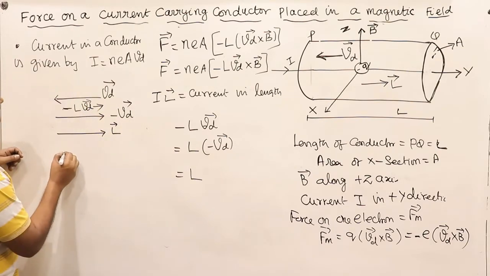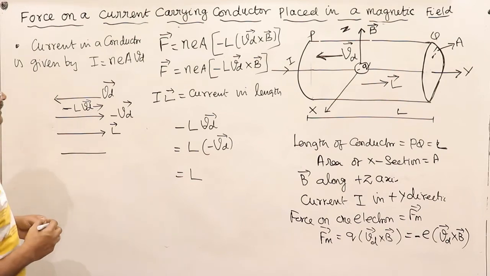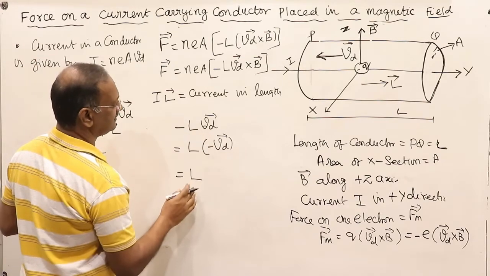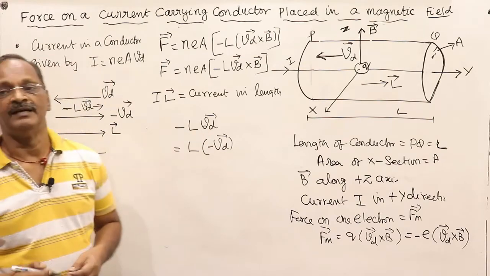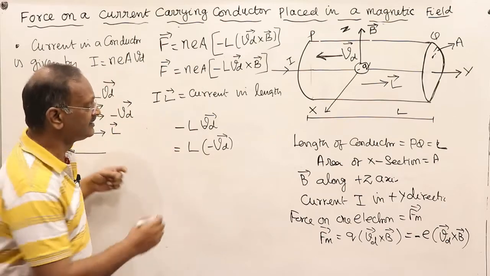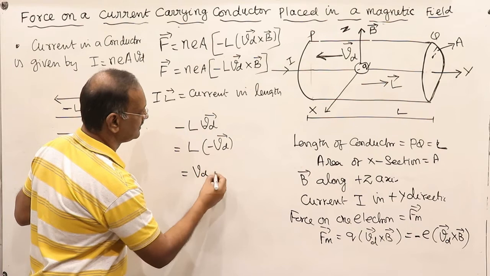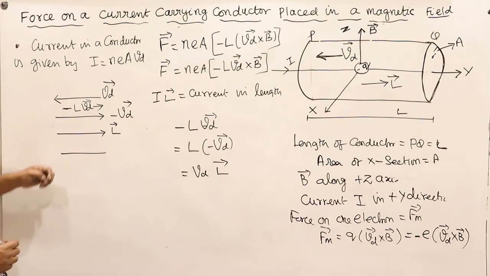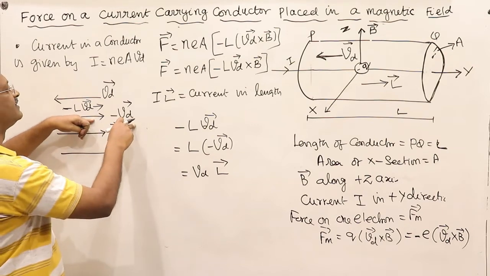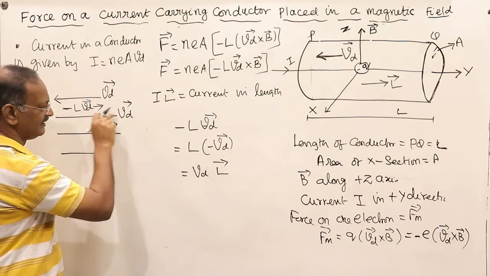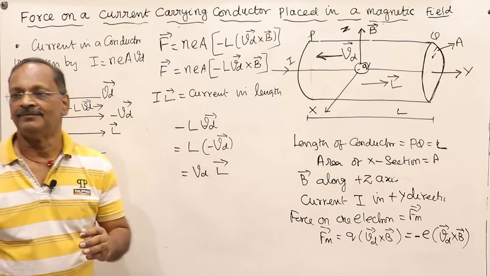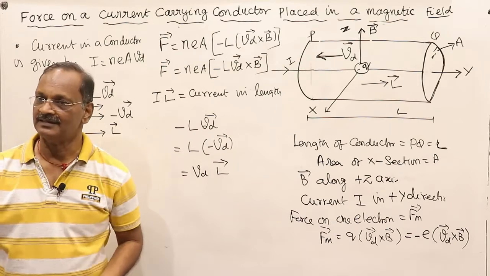Now we can write minus L Vd this way, minus L into Vd, which we can write as Vd, taken as a scalar, into L vector. How? Minus Vd is in this direction, and if you multiply it by a scalar L, the direction will be the same, because a vector multiplied by a scalar does not change the direction.